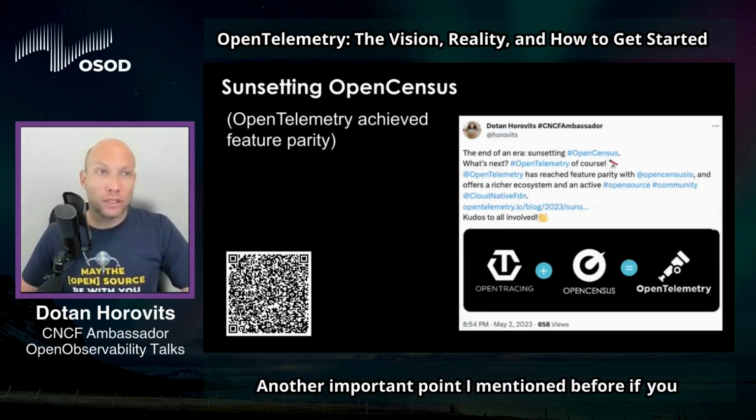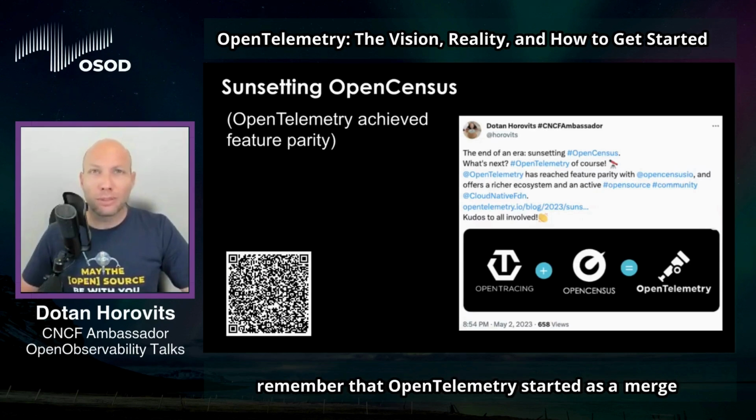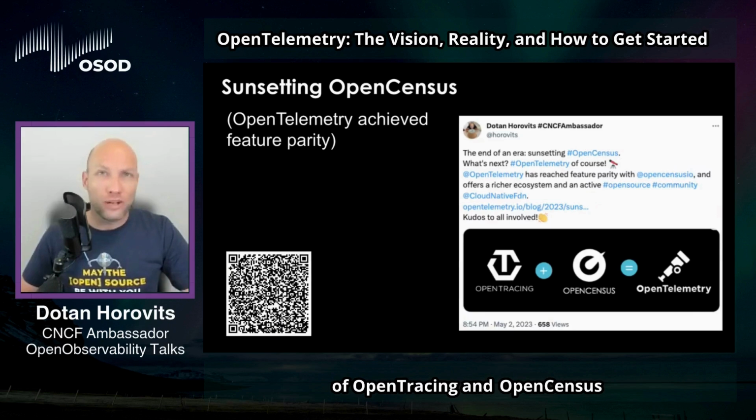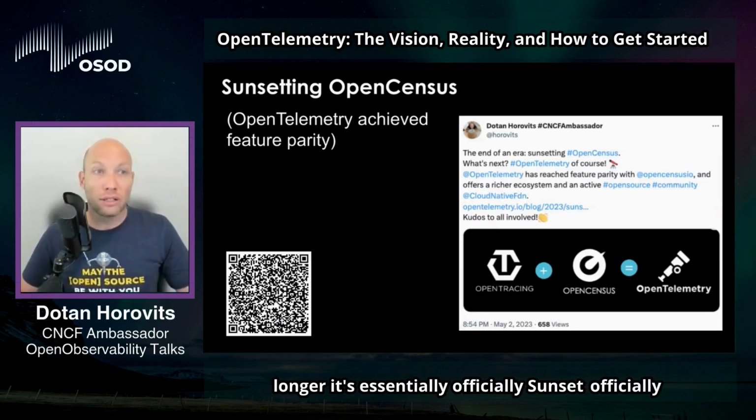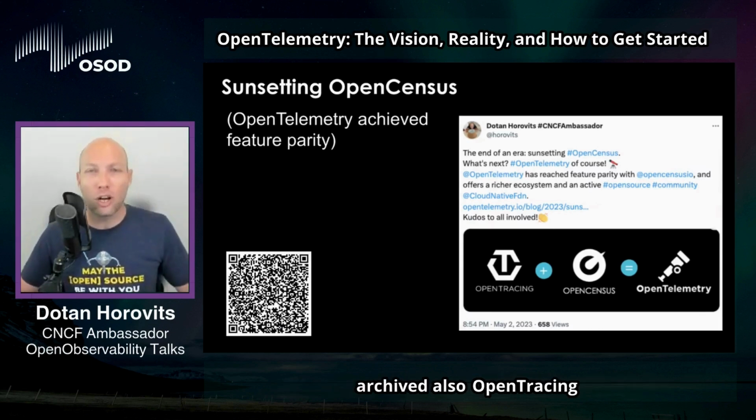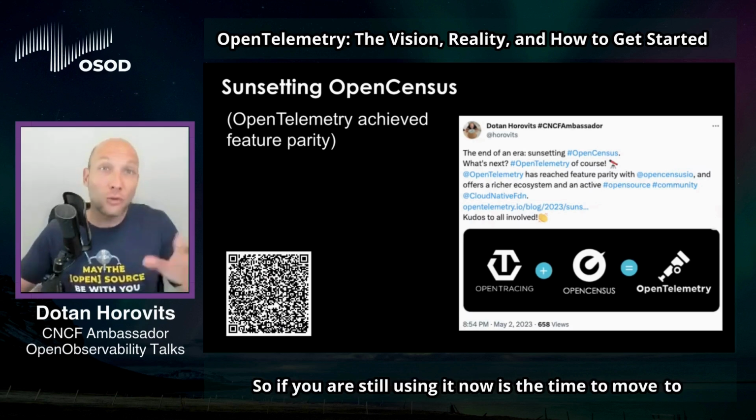Another important point I mentioned before, if you remember, is that OpenTelemetry started as a merge of OpenTracing and OpenCensus. So it's important to know that OpenCensus is no longer, it's essentially officially sunset, officially archived, also OpenTracing. So if you are still using it, now is the time to move to OpenTelemetry.